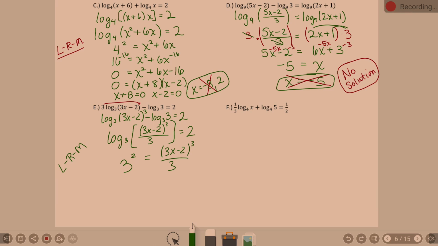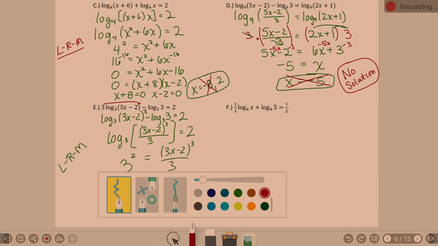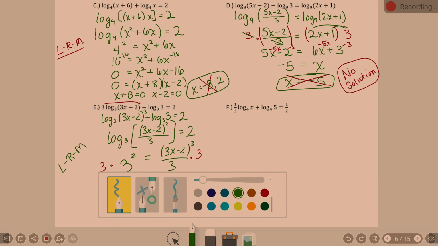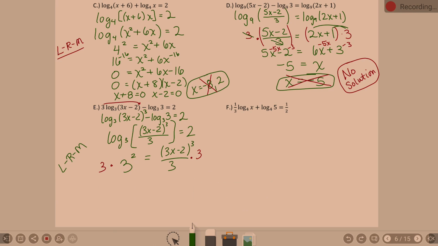Since this is division by 3, we can multiply by 3 and get it out of there. On the left, I have 3 squared already, which is 9, times the 3, which is going to make this 27. Over here, the 3's will cancel, and I'm going to have 3x minus 2 cubed.